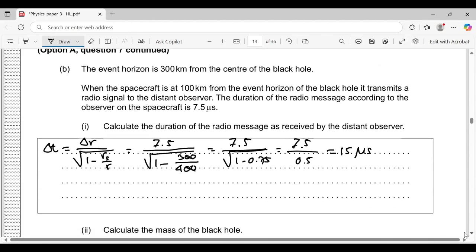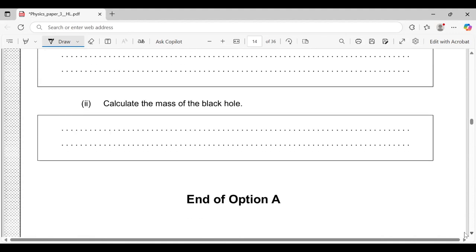Next question. Calculate the mass of the black hole. We're using a formula derived from the Schwarzschild radius. The Schwarzschild radius formula is Rs equals 2Gm over c squared. So we're going to find the mass.